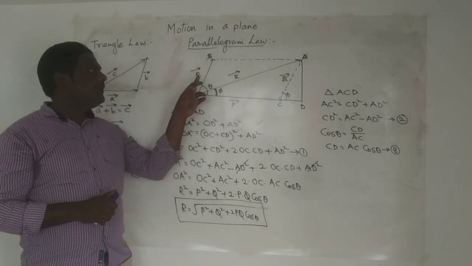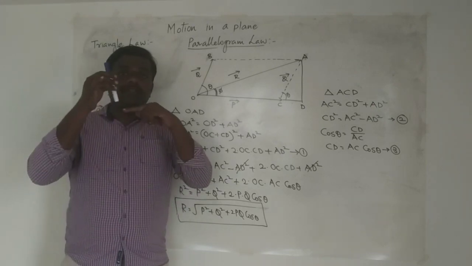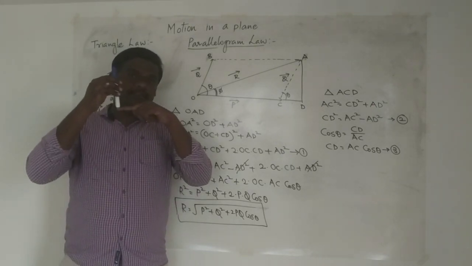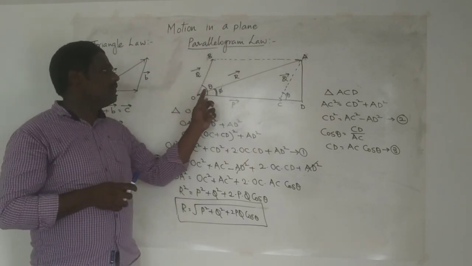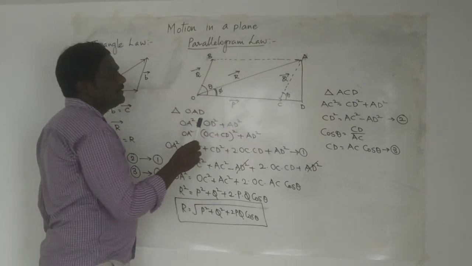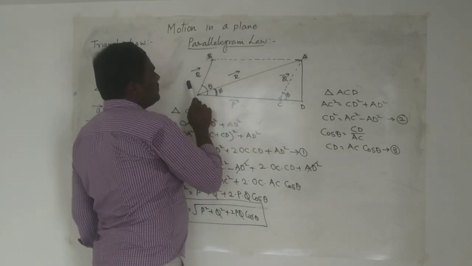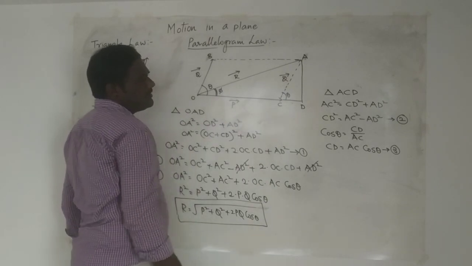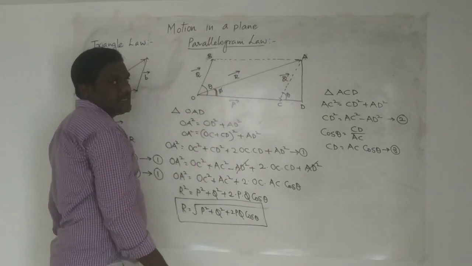Here people may get confused: what are adjacent sides? Sides having a common point of contact. For example, OB and OC are adjacent sides, and OC and AC are adjacent, whereas OB and AC are not adjacent because they don't have a common point of contact. They can be called opposite sides.